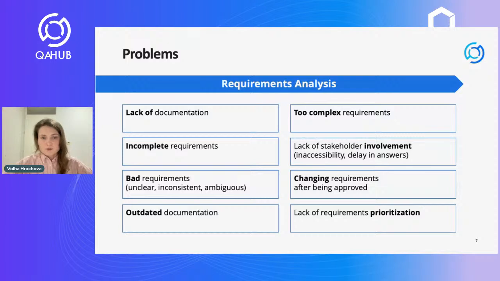So that's an issue. Also, an issue is when we have requirements and we started working on them, and then the requirements are changed. We understand that we work in an agile environment, but having those changes after the approval is always a pain. And one more issue connected to requirements is a lack of prioritization.